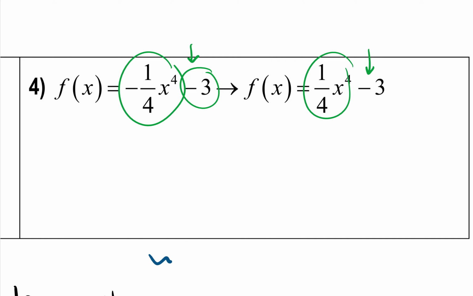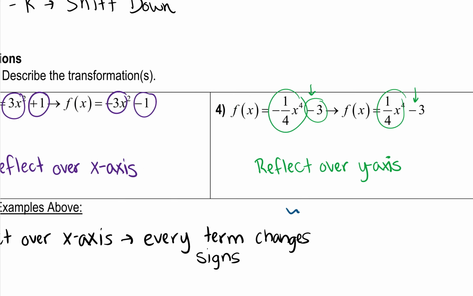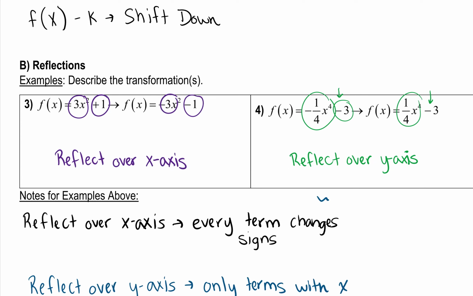Because only the x changes, I reflect over the y. So I either have everything change or only x changes. I'm not going to do anything else crazy, because then it gets complicated. You just need to understand the basics right now.